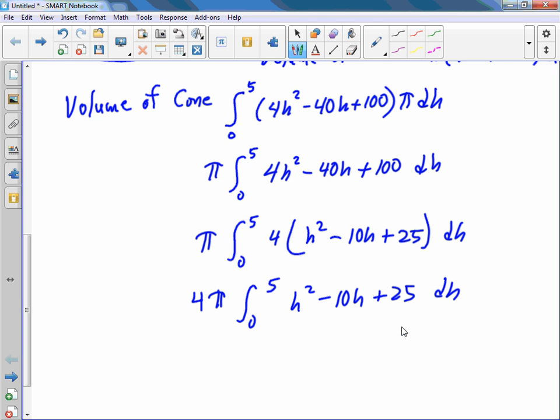And Derek's already jamming on that, so that gives us 4 pi times 1/3 h cubed minus, what is this going to be? 5h squared plus 25h evaluated from 0 to 5. I should put this in parentheses here because that's outside.